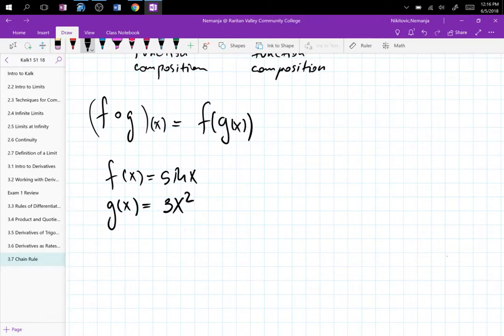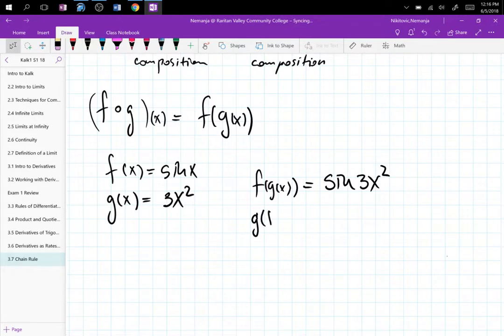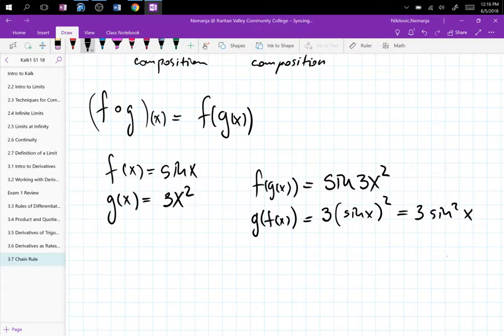You can create f of g of x by taking the outer function, which is f, that's going to be sine, and instead of its x, you will put 3x squared. But you can also create g of f of x by writing 3, and instead of x, you will have sine x, and then that squared. Better way to write this is 3 sine squared x. That's the equivalent.